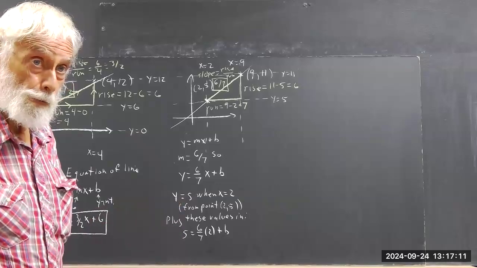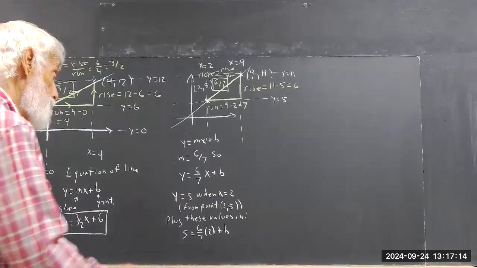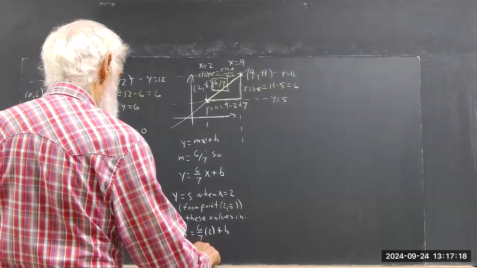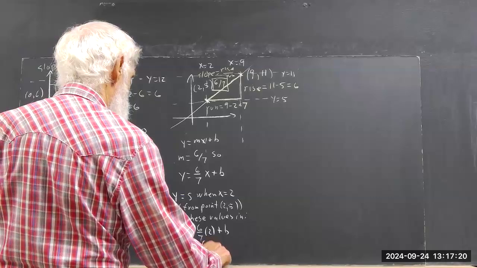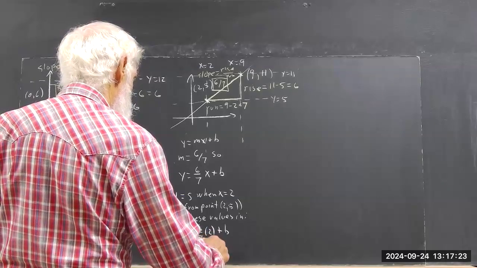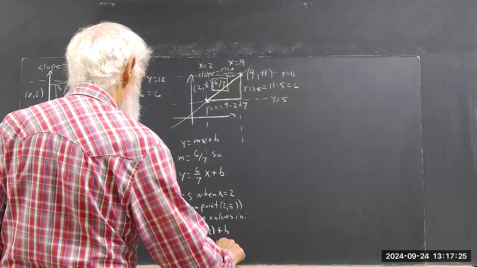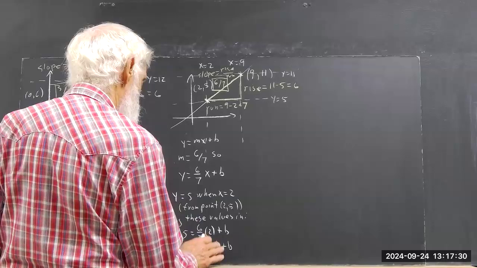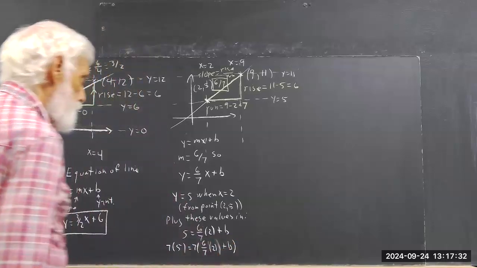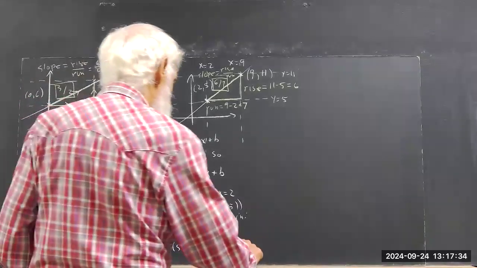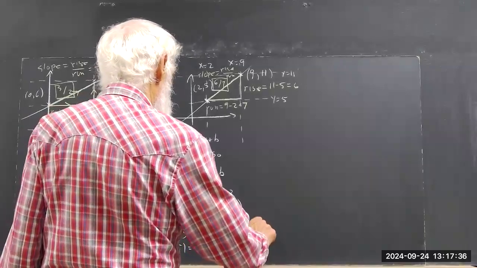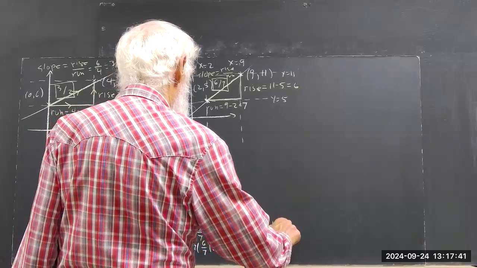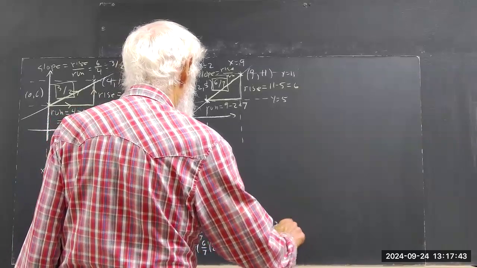Easiest thing to do is get rid of the fractions. Multiply both sides by 7. Seven multiplies everything. Let's do this: 35 equals 12 plus 7b.